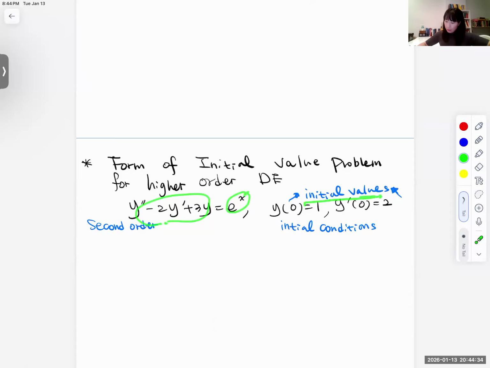So the initial values are y of 0 equal to 1, y prime of 0 equal to 2. That's the initial values, or we can say the initial condition. Let me arrange a little bit.